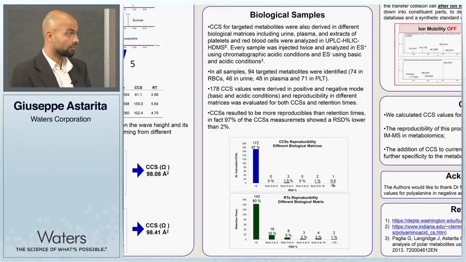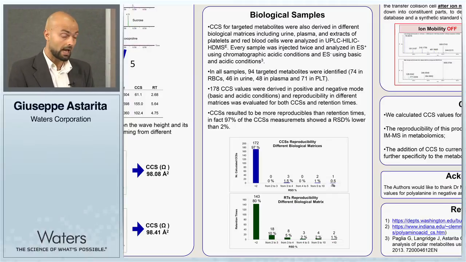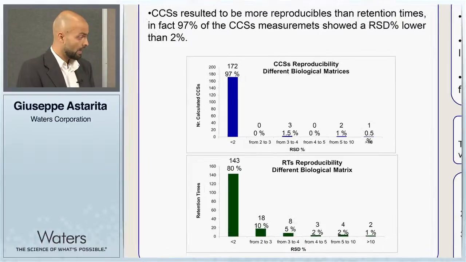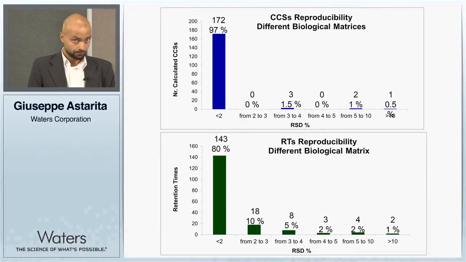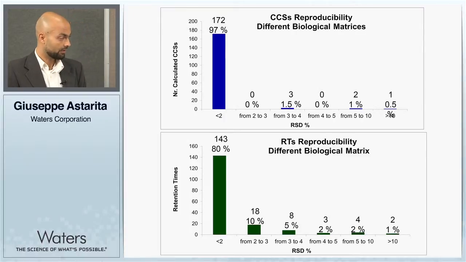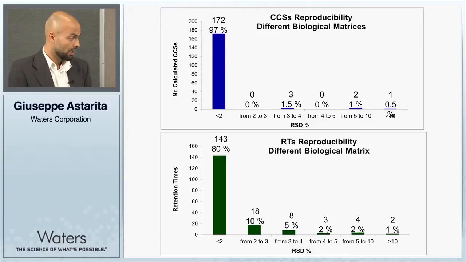These collision cross-sections were measured and compared with the values of retention times using a UPLC HILIC chromatography. As you can see in this panel, we obtained collision cross-section values which were highly reproducible, with 97% of the values having lower than 2% standard deviation.